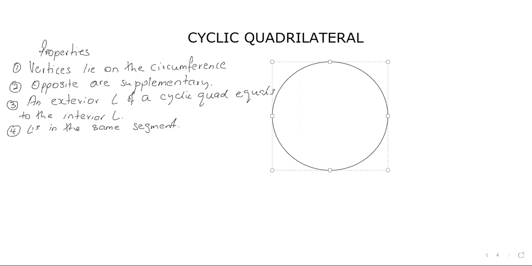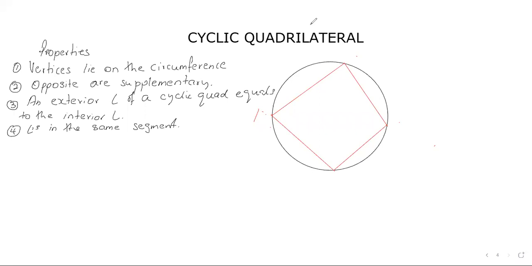A triangle is three-sided. That is a cyclic quad.